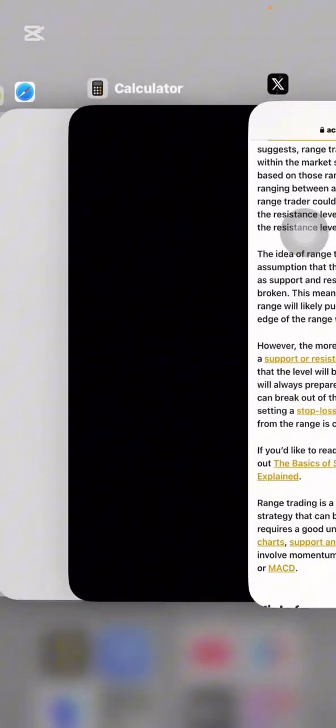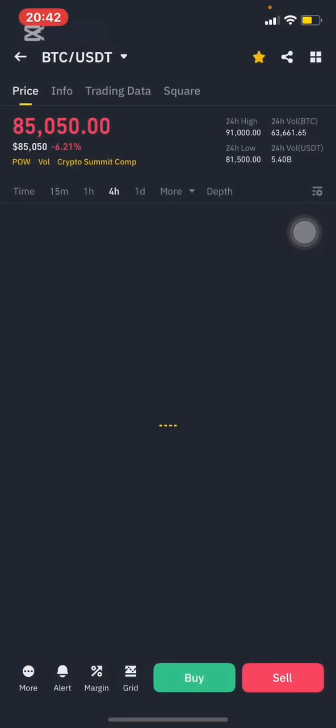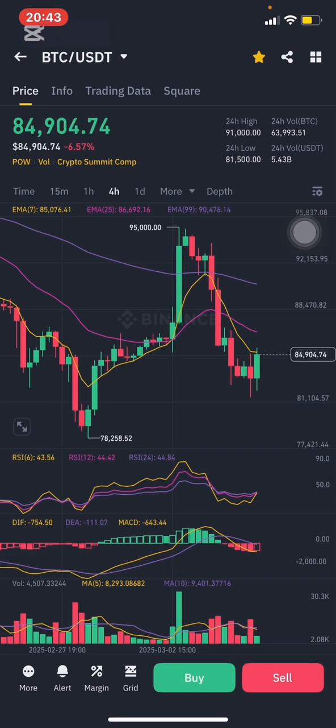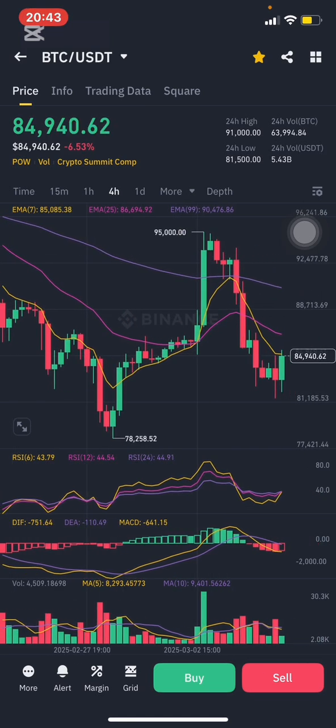So the MACD indicator and the RSI, you can always find these indicators on your Binance or your crypto exchange. These indicators are always there. As you see here, this is my MACD indicator, and the volume indicators, the relative strength indicators. So you can easily also do the analysis of these indicators.